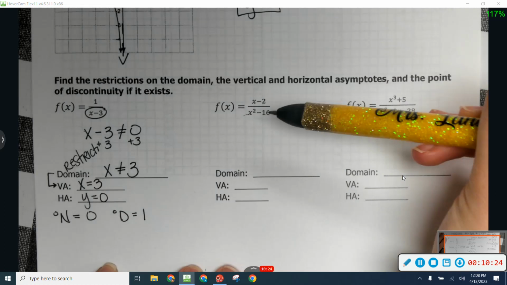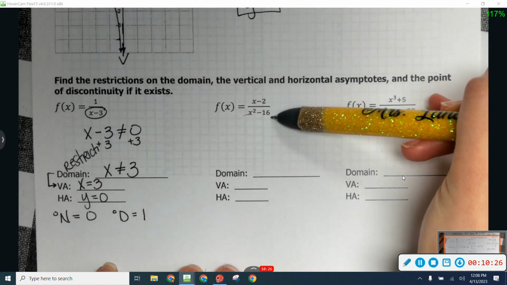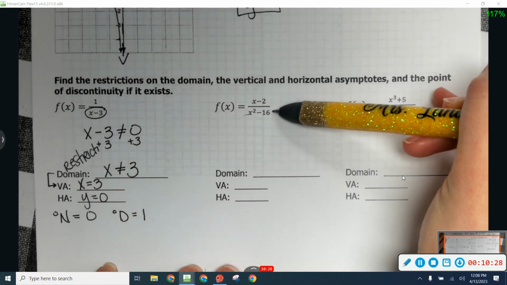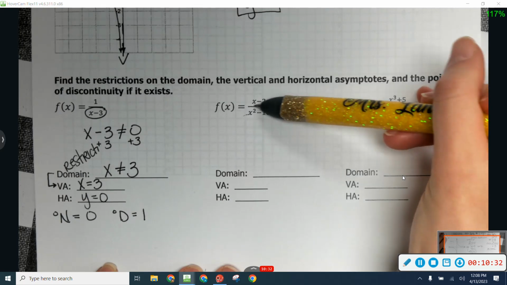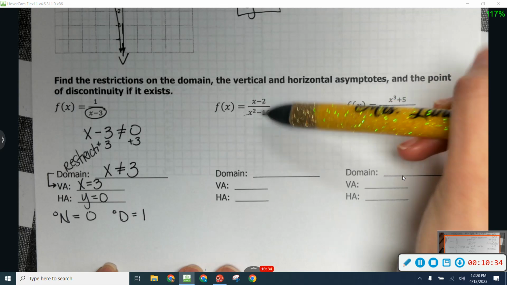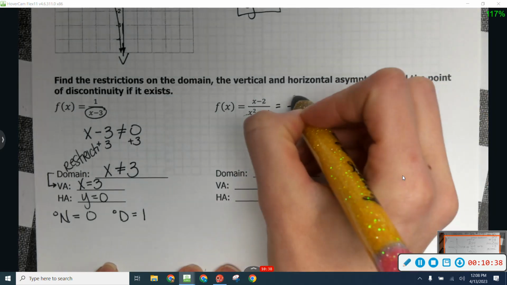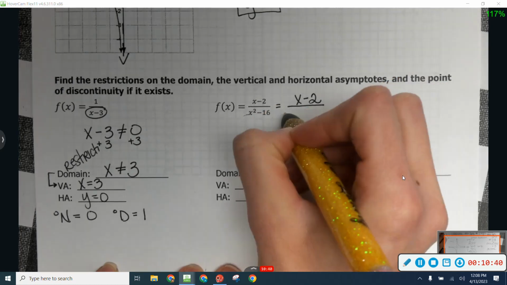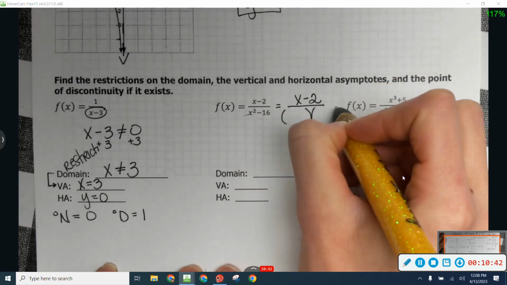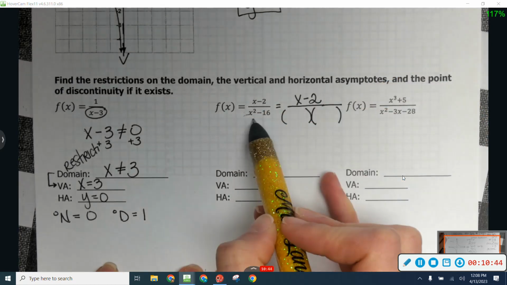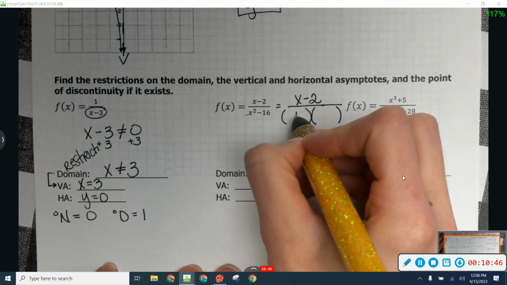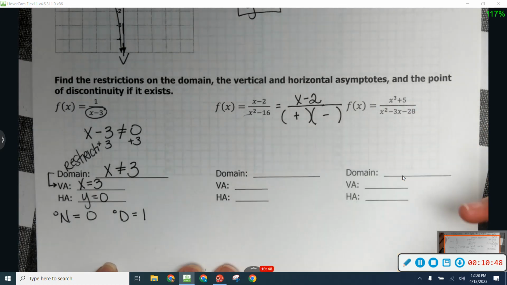Okay, so here I've got x minus 2 over x squared minus 16. I have an x squared now. I need to factor this. Okay? What do you recognize about x squared minus 16? It's a difference of 2 squares. So I need to factor the difference of 2 squares. When we do that, my formula tells me one's a plus and one's a minus.